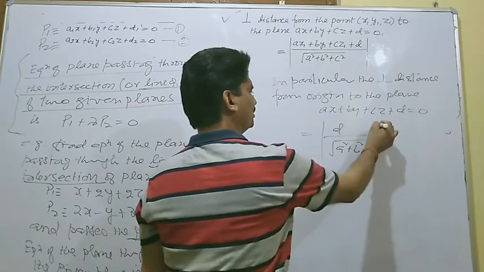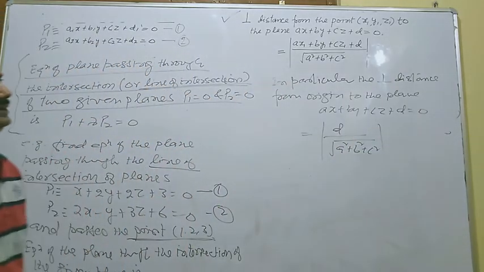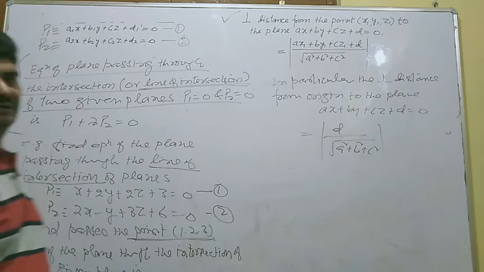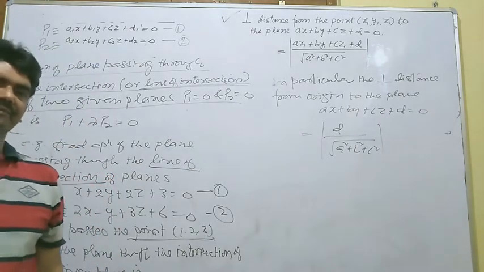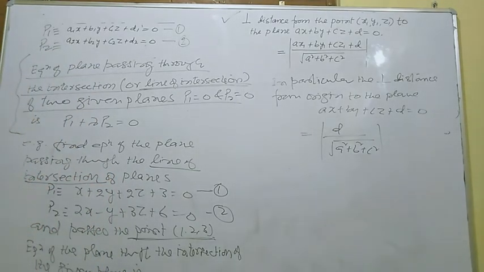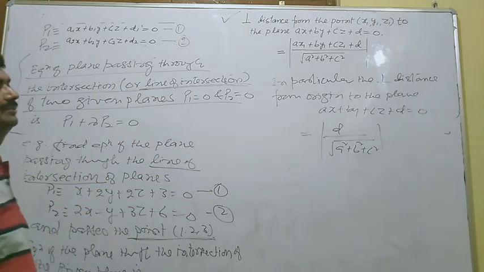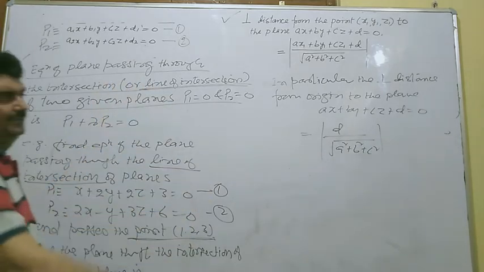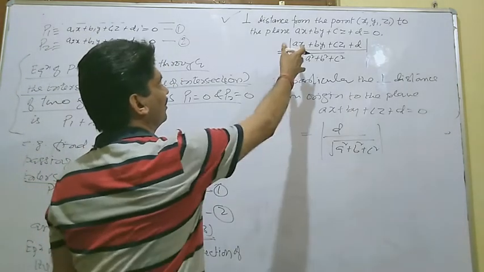In mod we take positive distance, so we write mod. So there are many problems in which we need the distance from the given point to the given plane, where we use this formula.